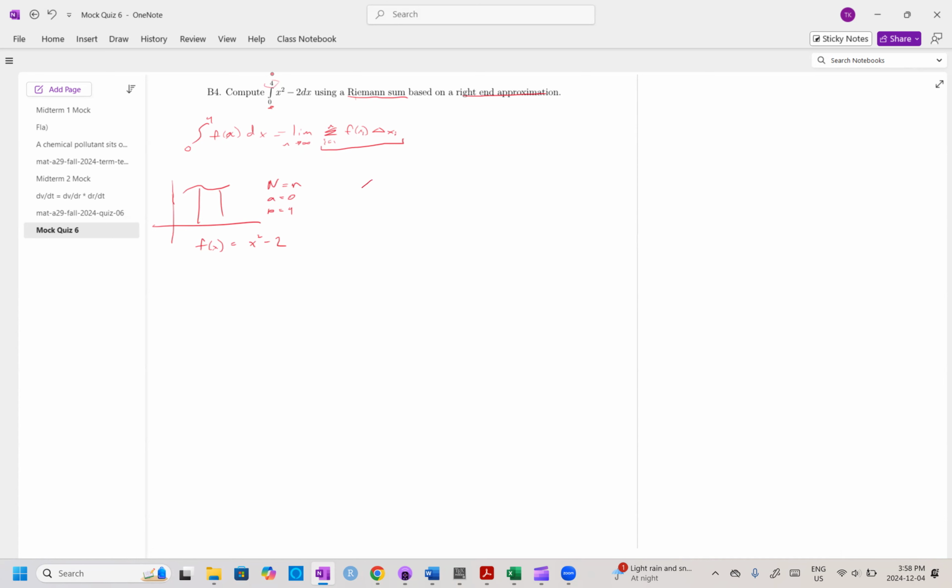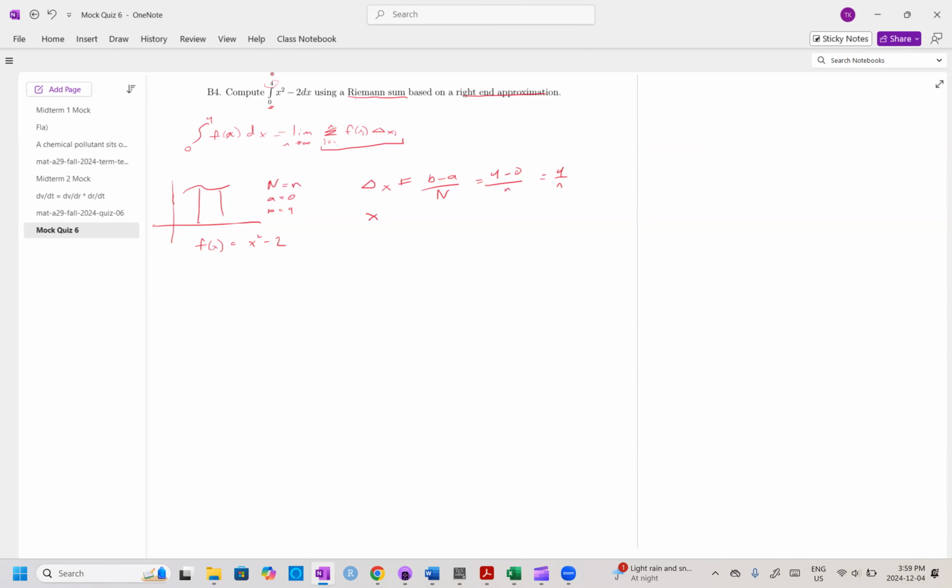And now delta x equals b minus a over n, which equals 4 minus 0 over little n, which equals 4 over n.